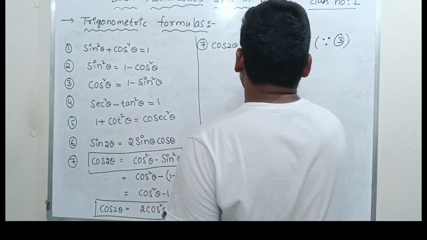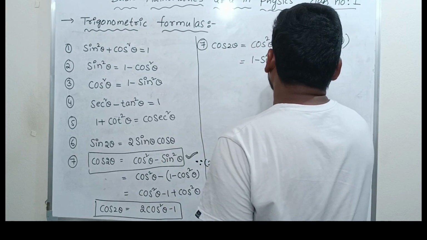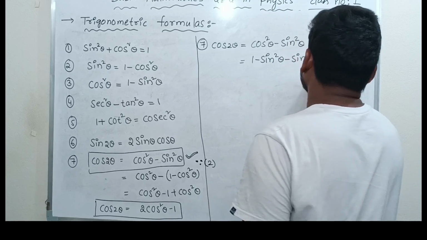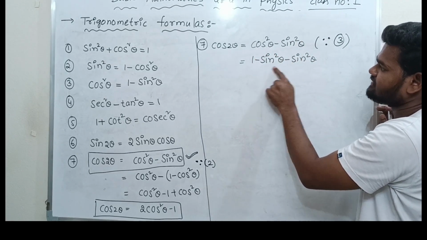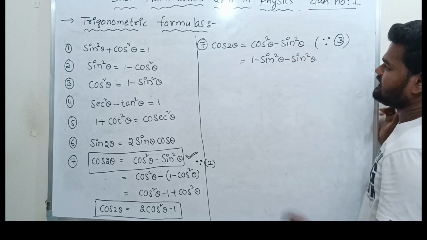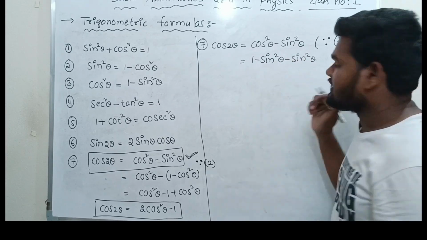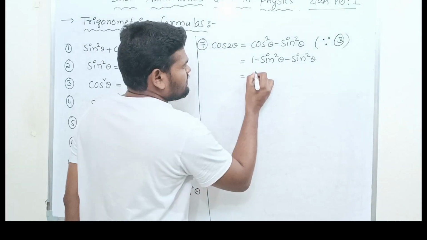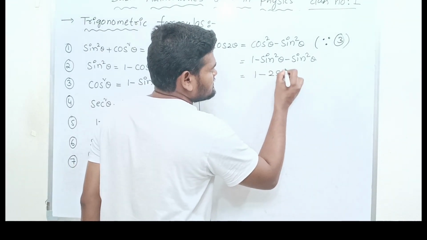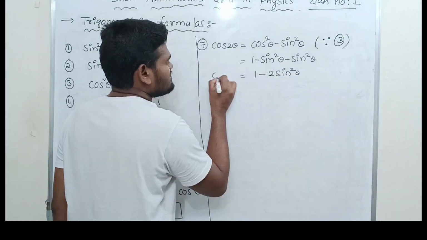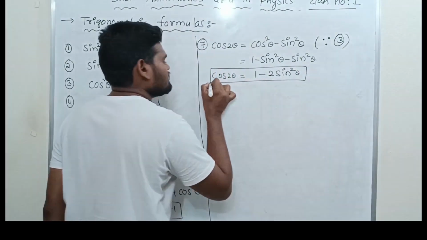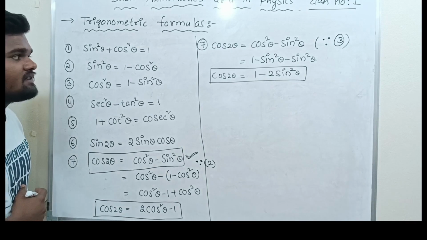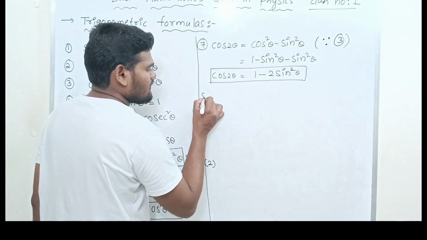So 1 minus sin square theta minus sin square theta gives 1 minus 2 sin square theta. So this is also one of the formulas for cos 2 theta. Is it clear? Next one, eighth one.